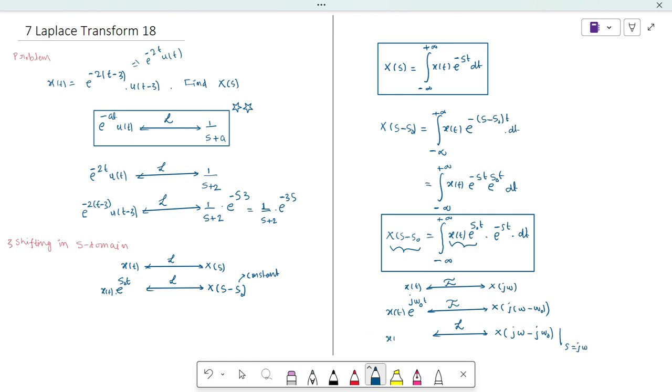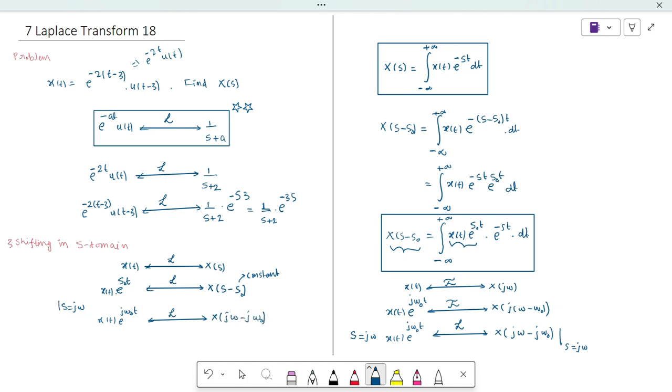Then x of t into e power s naught, where s naught equals j omega naught t, gives x of j omega minus j omega naught.